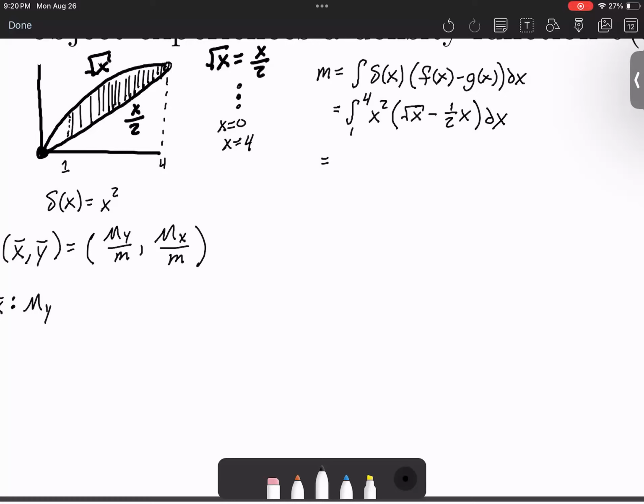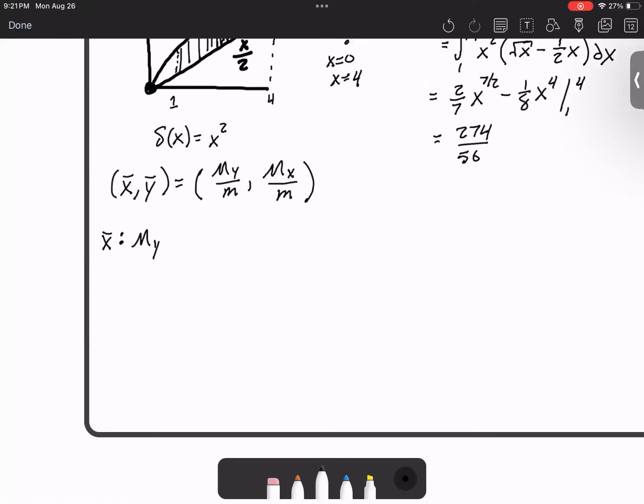I don't want us to get bogged down in the integration, so I'll skip a few steps. Once we distribute and integrate, I have an antiderivative of 2/7 x to the 7/2 minus 1/8 x to the 4th, which I will evaluate between x equal to 1 and x equal to 4. And when the algebra clears the room, we have 274 over 56 as a total mass.